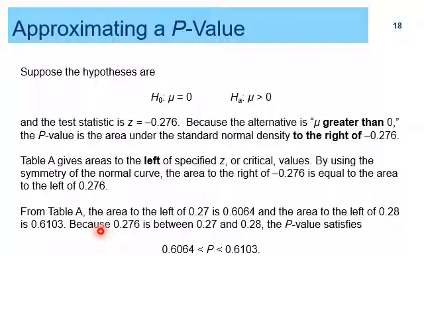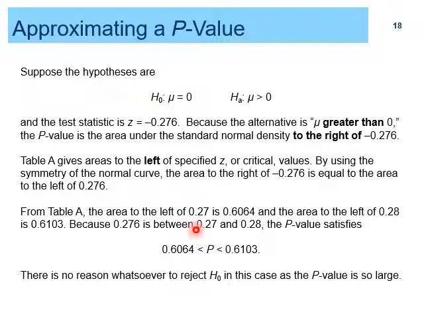Because 0.276 is between 0.27 and 0.28, the p-value lies between them: it is greater than 0.6064 but less than 0.6103. There is no reason whatsoever to reject the null hypothesis. In this case, the p-value is so large, it's 0.6, so it's very large.